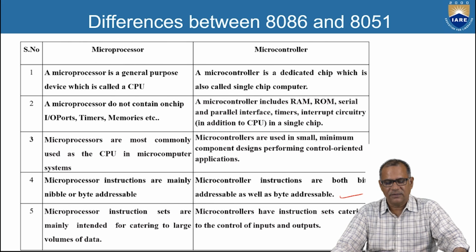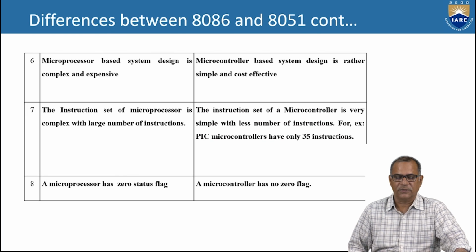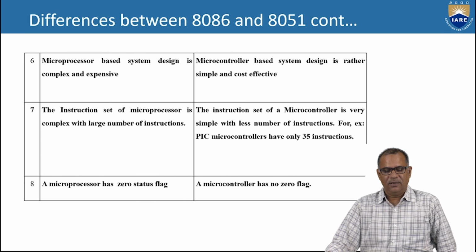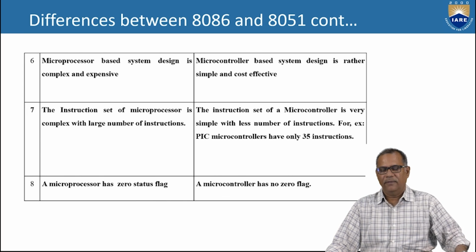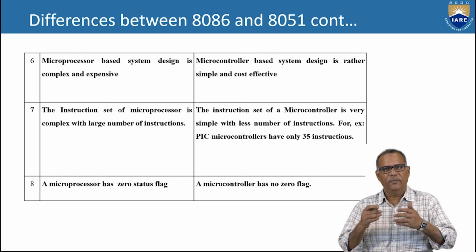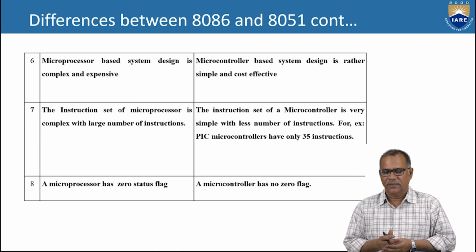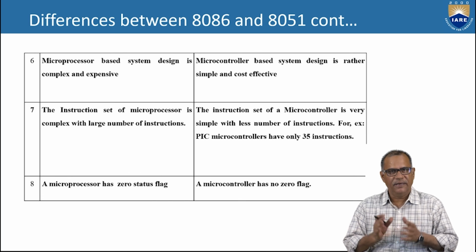And microprocessor instruction sets are mainly intended for catering to large volumes of data, whereas microcontrollers have an instruction set catering to the control of inputs and outputs. And microprocessor-based systems are complex and expensive, whereas in a microcontroller you have built-in RAM, ROM, and built-in devices, so they are simple and cost-effective.